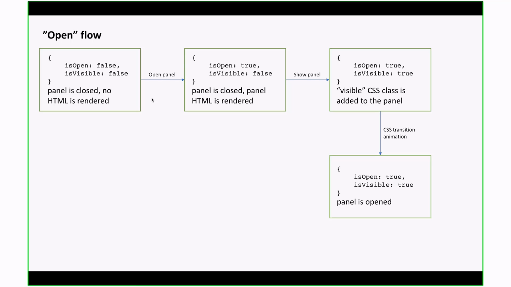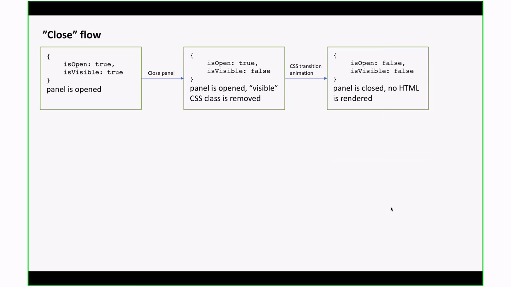In that case, the panel is still closed, but the panel HTML is rendered without the visible class, just in the default state. Then, after some timeout, we change the isVisible flag to true, and the visible CSS class is added to the panel. In that case, the transition animation is initiated, and after that, in the last state, the panel is visible on the page.